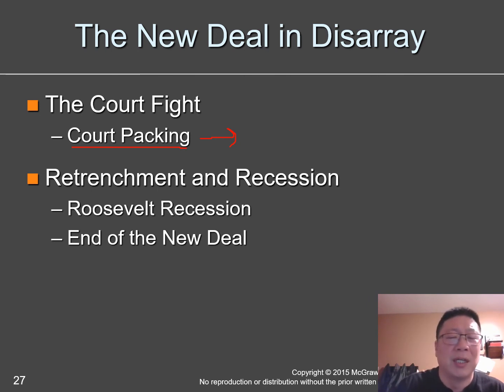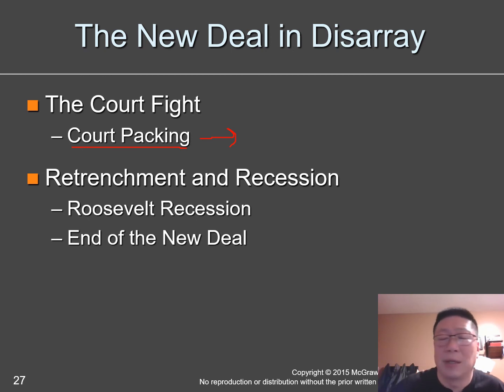Retrenchment and recession. Again, the Roosevelt recession of '37 is essentially blamed on him, and it kind of raises the question still today: was the recovery due to the money spent and we just didn't spend enough money, or was it kind of a false recovery and it only looked like things were getting better because Roosevelt was spending billions of dollars?